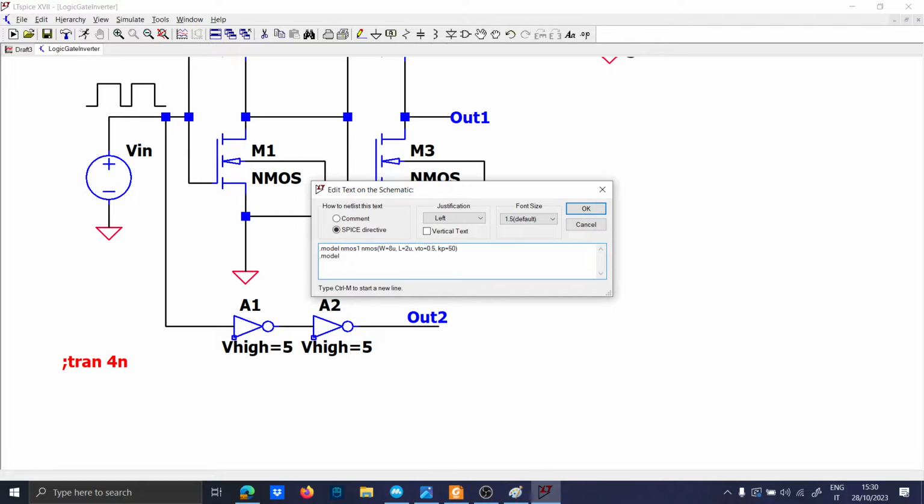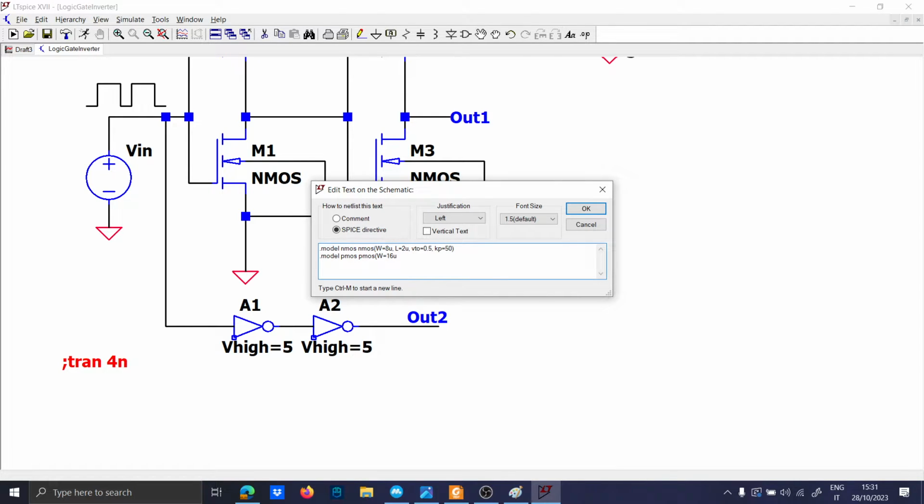For the PMOS, the width of the channel must be at least double or bigger than the NMOS. So we will put 60 micro.